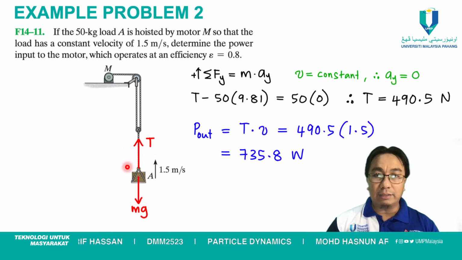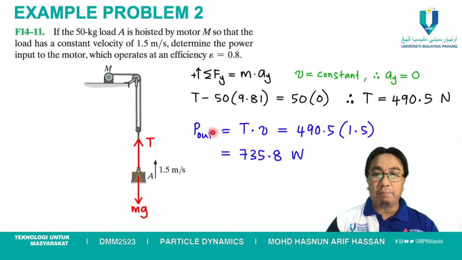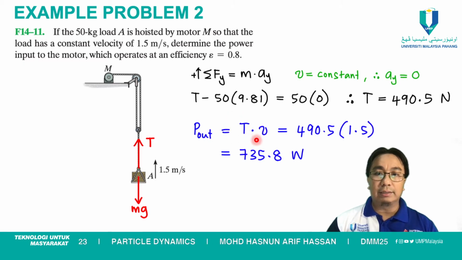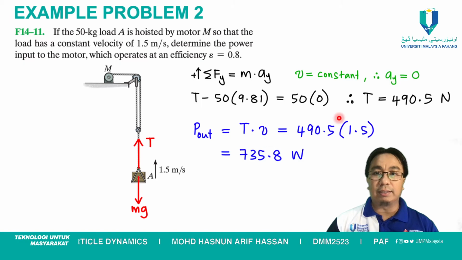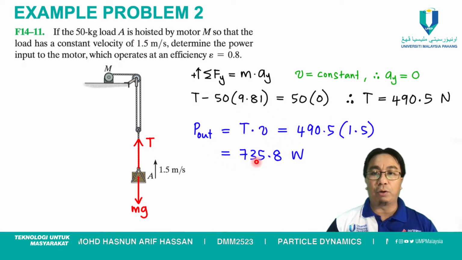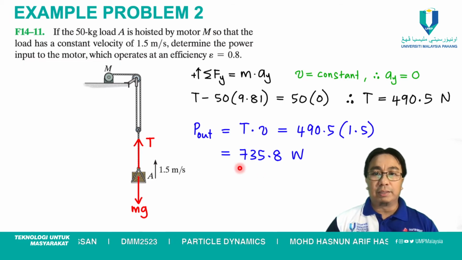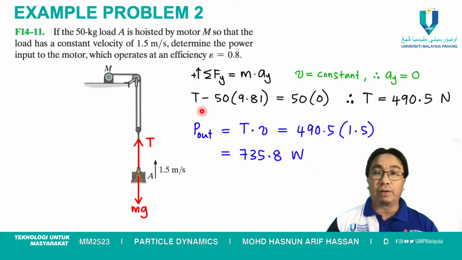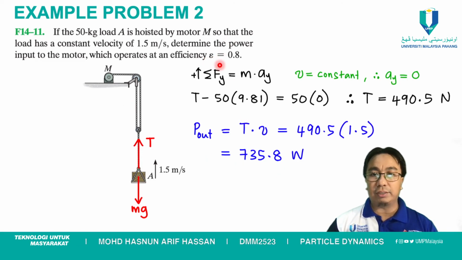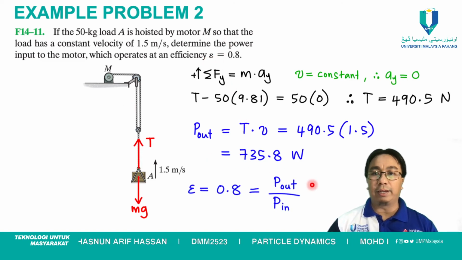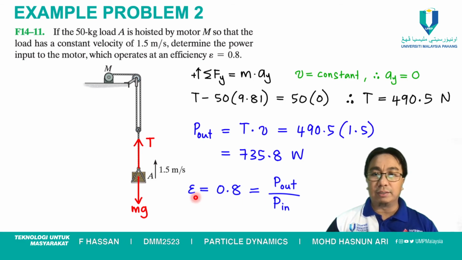Now we can determine the output power by this tension, multiplying the tension T times the velocity, which is given as 1.5 here. So we have the output power as 735.8 watt. But this is not what we want to find. We want to find out the power input to the motor. And since we have the efficiency equals 0.8, we know that the efficiency is equal to P out over P in.